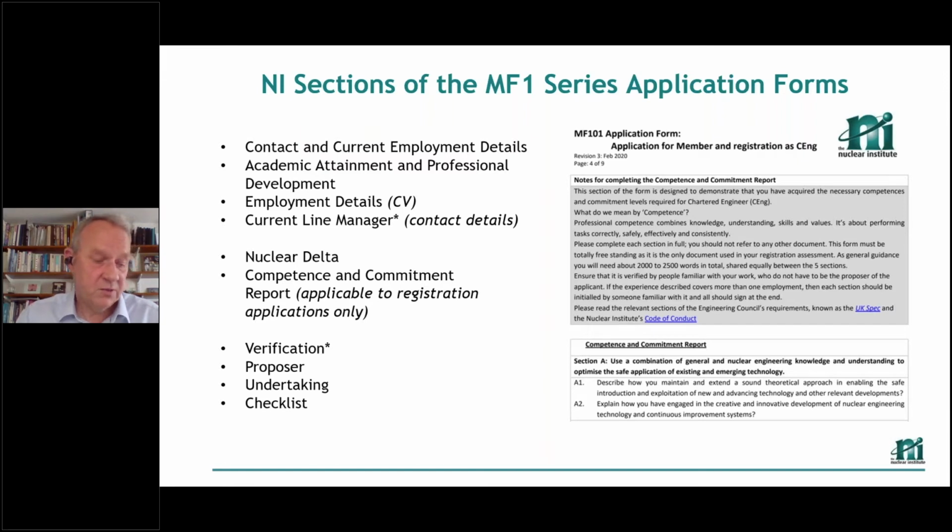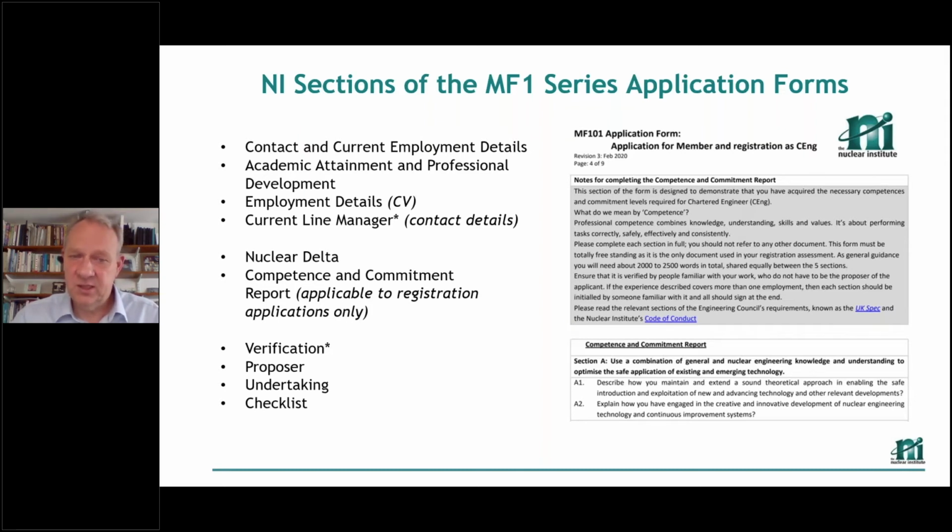We do ask that you submit a CV along with that, and it's important that you make sure that reflects the details of the relevant work you've undertaken. So not just, maybe as you tweak a CV for different job applications, think about emphasizing the relevant employment in that CV. I'll come back to the current line manager and verification in a second.